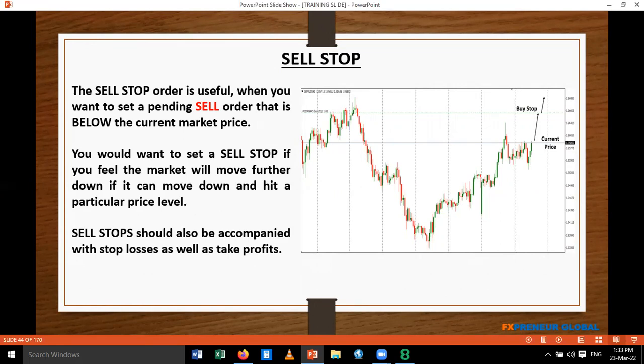You might just stumble into your chart one day and notice that you have an order running, and you can't even remember when you took that order, not knowing that it was a pending order you took some time ago that you did not check on to close. And if that trade happens to be a losing trade, you are losing money on a trade that you didn't actually plan on taking. That's the reason why you have to always be checking on your pending orders. If the market doesn't take it, you close it off.